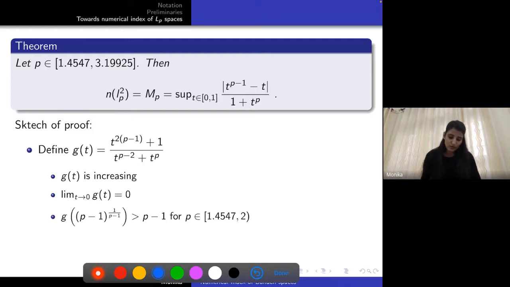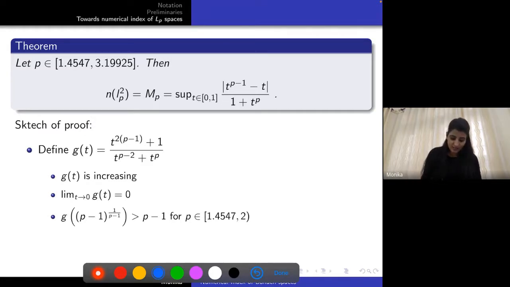And then moving forward, we proved if p is in this range and C4 prime t is 0, then t naught, where the supremum is attained, will be less than (p minus 1) power 1 over p minus 1, which will show us that the numerical index will be MP.